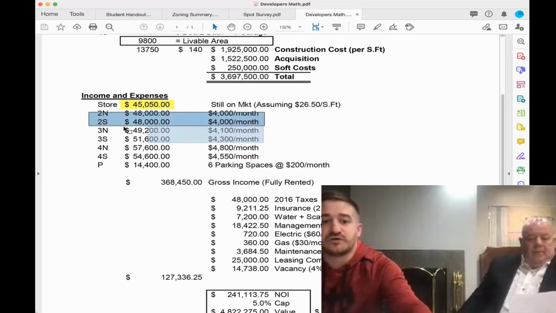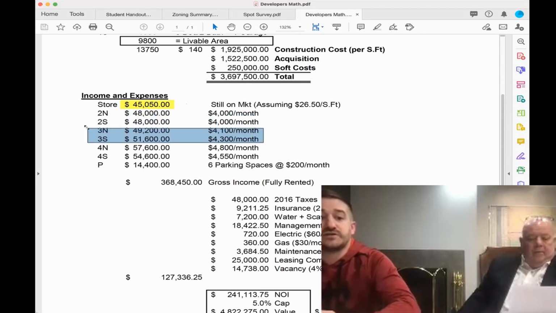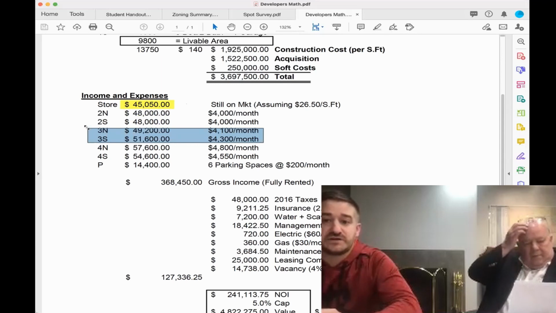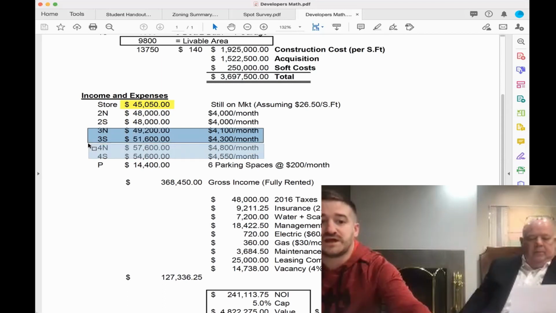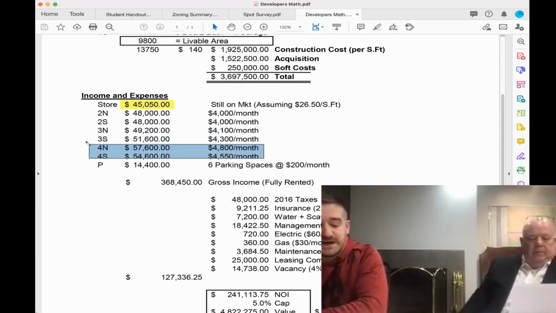So the third floor, he ended up getting $4,100 and $4,300. On the MLS, this is what he actually got, so we're analyzing what he actually got here. And then on the fourth floor, he got $4,800 and $4,550.